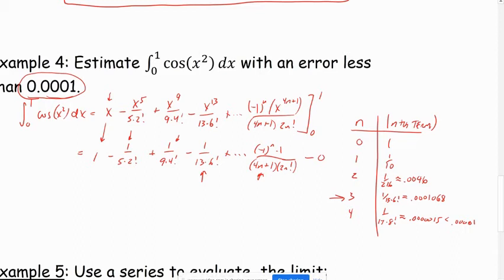And so our estimate, we can say the integral from 0 to 1 of cosine of x squared dx is approximately 1 minus 1 over 5 times 2 factorial plus 1 over 9 times 4 factorial minus 1 over 13 times 6 factorial.